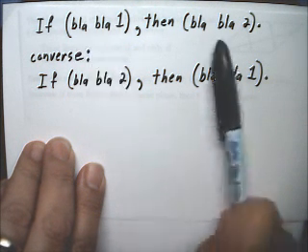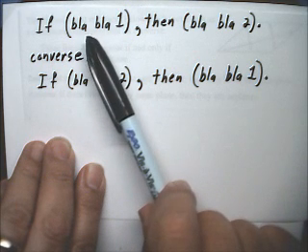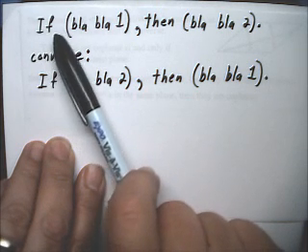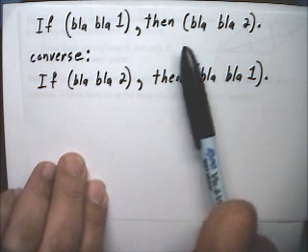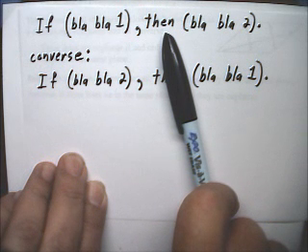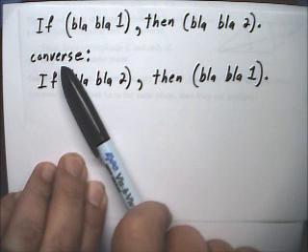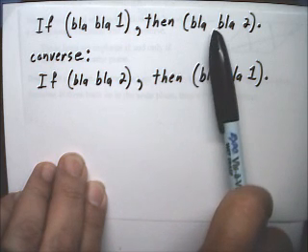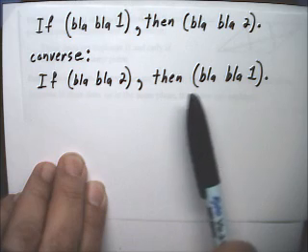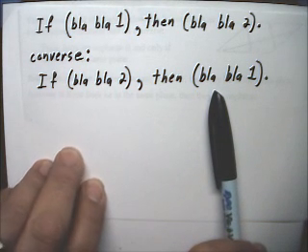So in this conditional statement, there's this, then that. From this regular conditional statement, sometimes called the positive, we could make the converse, and by making the converse we switch these two statements. So we'd say if blah blah 2, then blah blah 1.